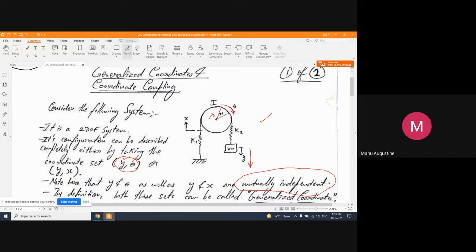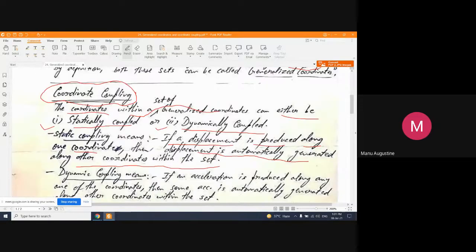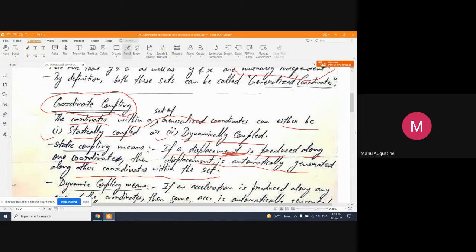And this is exactly the condition for static coupling. So static coupling within a set of generalized coordinates occurs on the basis of displacement. So you try it. You give displacement to the system along one direction, and you see whether displacement is automatically generated along the other direction.